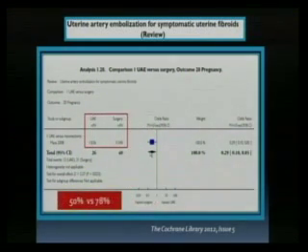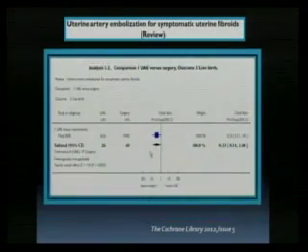Then you look at raw data. As far as pregnancy outcome is concerned, 50% only in the fibroid embolization group and 78% in the surgical group. Much more so when you look at the outcome, live birth. Again, you would see that it favors surgery.